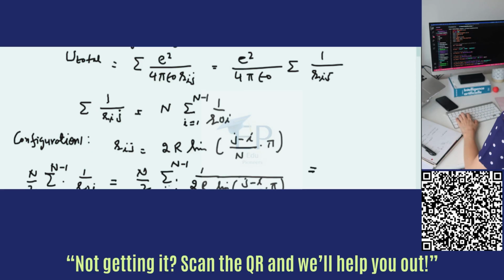So on solving it, you may write n upon 4R summation of i is equal to 1 to n minus 1 cosec of i upon n into pi.